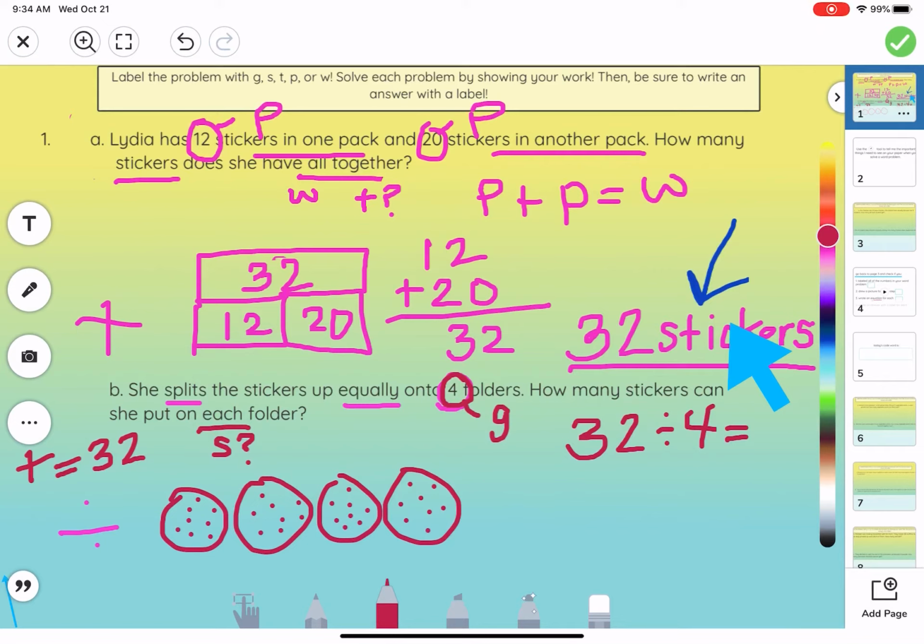I can count how many are in each group. 1, 2, 3, 4, 5, 6, 7, 8. 32 divided by 4 equals 8.